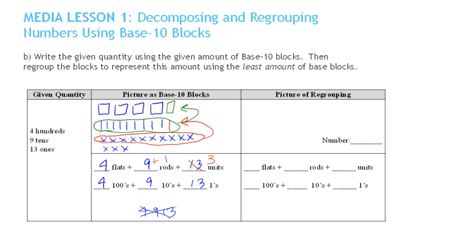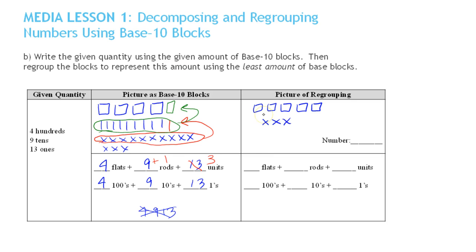So let's write this. We have 5 flats. Notice we don't have any rods left over. They were all regrouped. And these were regrouped into a rod, so we just have 3 units. Okay.